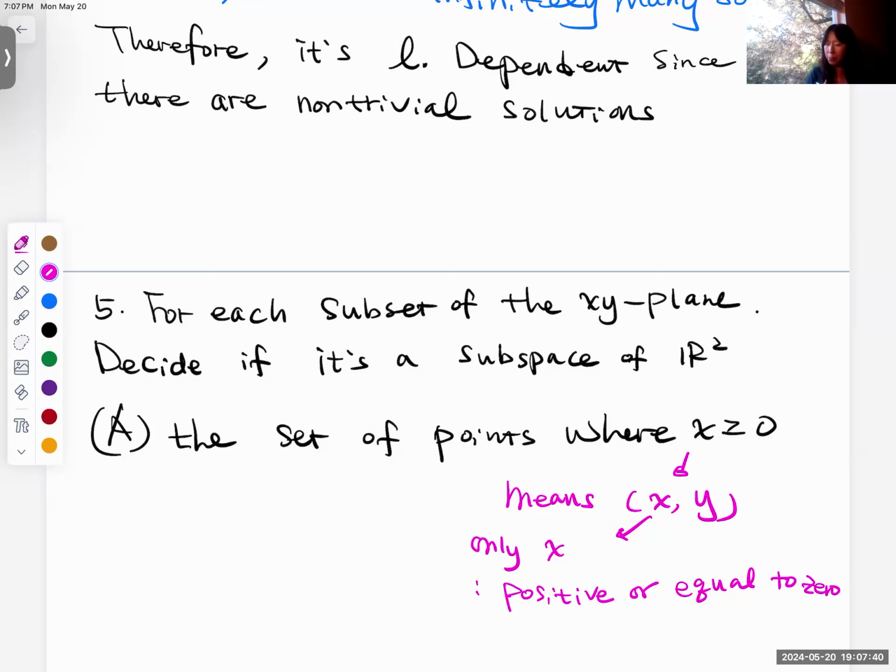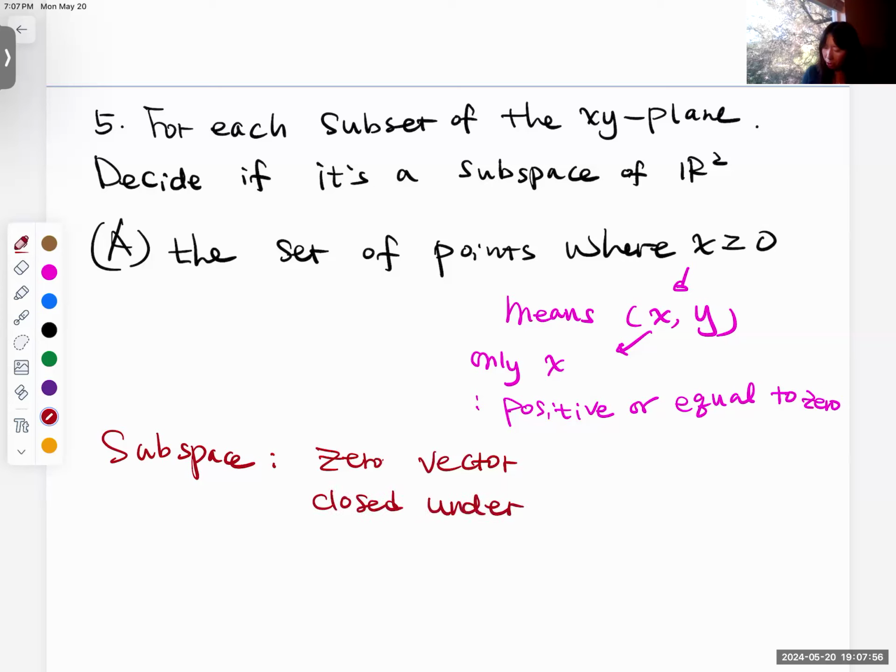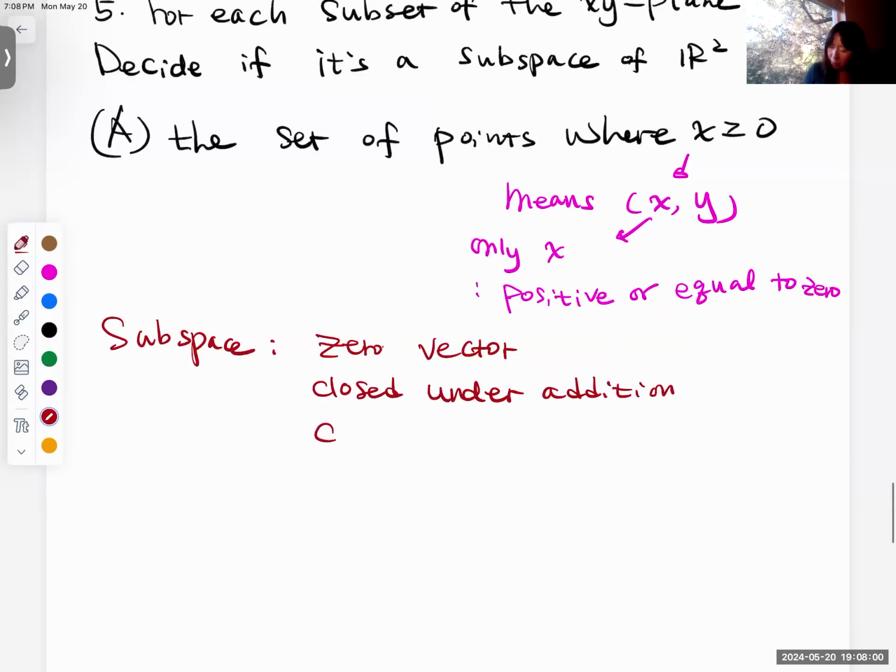Okay, then for a subspace, it must contain the 0 vector, and must be closed under addition, and must be closed under scalar multiplication.